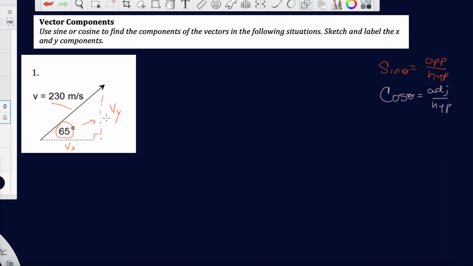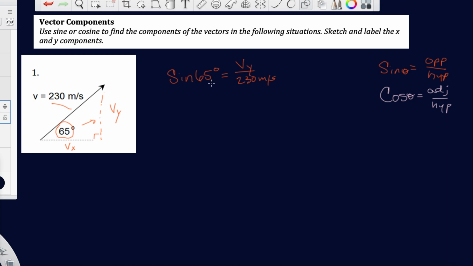See the angle across from it. So our opposite side, our y component. So we're looking at the sine of 65 degrees is going to be equal to our y component of our velocity divided by 230 meters a second.